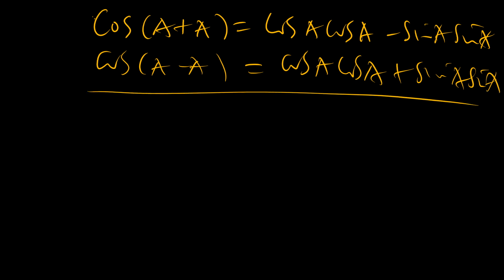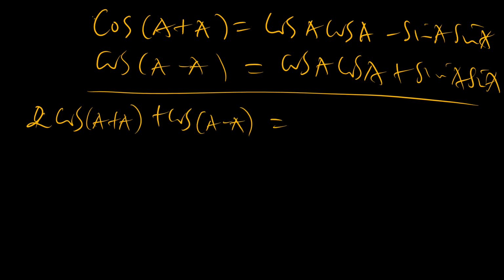And so when you add this together, we have cosine of a plus a plus cosine of a minus a being equal to 2 cosine squared a, right? And so this is definitely 0, so this becomes 1.